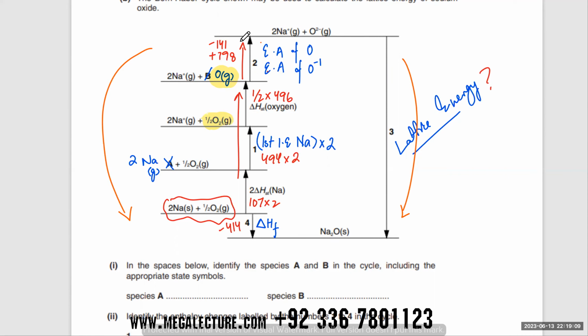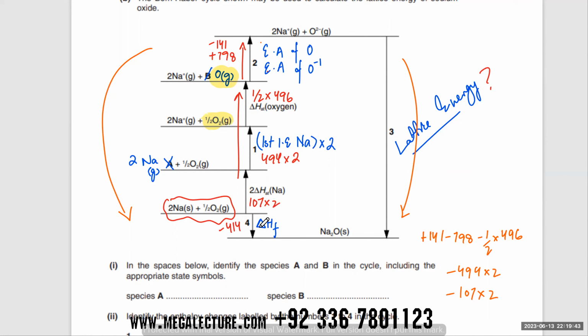So your lattice energy would be equal to plus 141 and minus 788. Do you have a calculator with you? Yep. This one goes in the opposite direction, so it's going to be minus half times 496. This also goes in the opposite direction, so that's minus 494 times 2. This one backward, so that's minus 107 times 2.